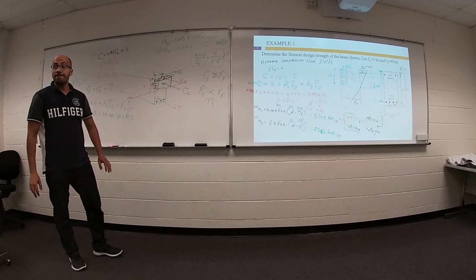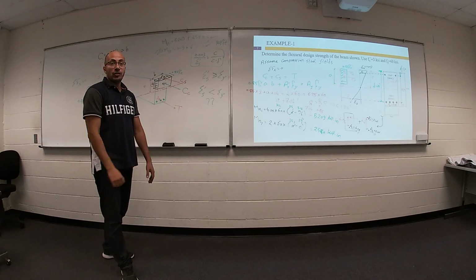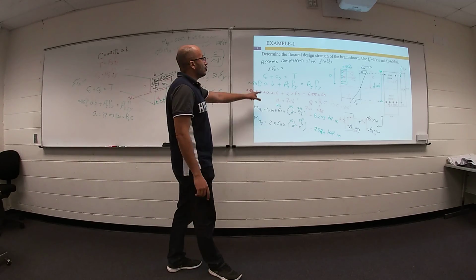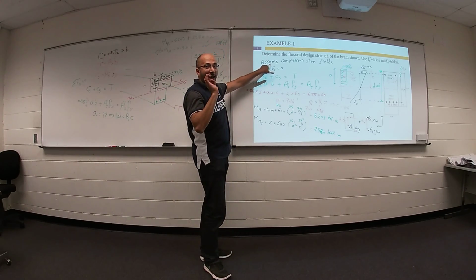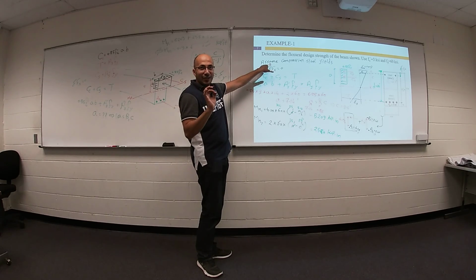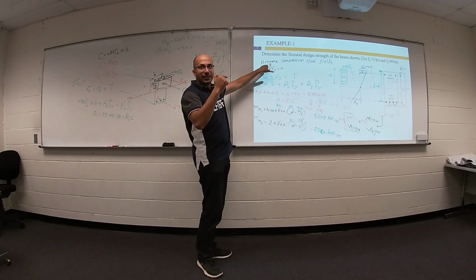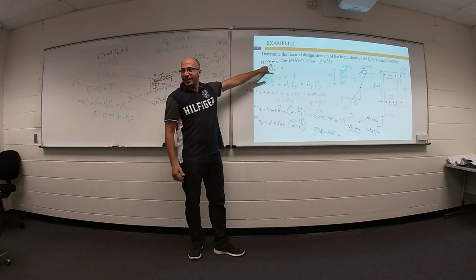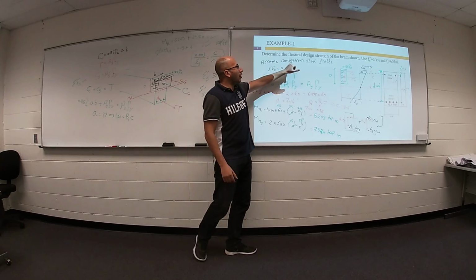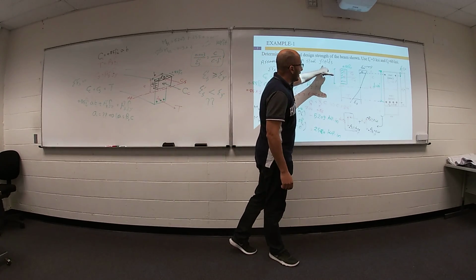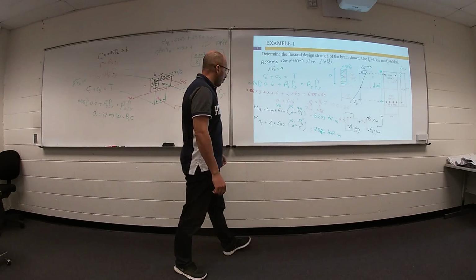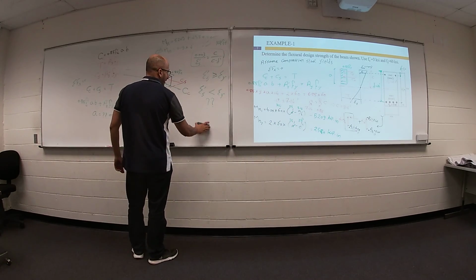Are you done? Not yet. You made an assumption at the beginning. We need to be sure this assumption is correct or not correct. At the beginning, you assumed compression steel yields. Let's see.